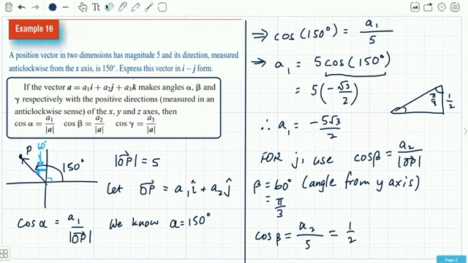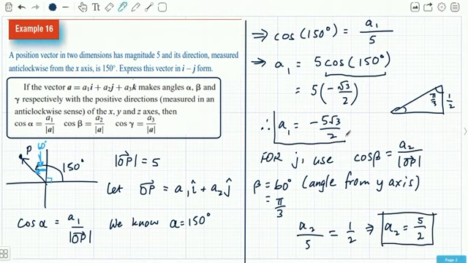So we've really just got this expression here. Trying to solve that, we bring the 5 over, and we end up with A2 equals 5 over 2, or 2.5 if you want it as a decimal. So that's told us what A2 is, and also what A1 is. And remember that those are the coefficients in this vector i, j.